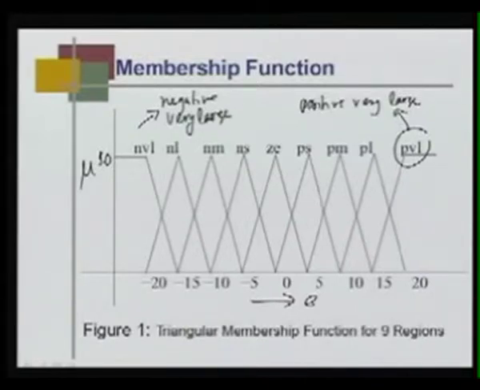These are the linguistic values: negative large, negative medium, negative small, 0, which is around the value 0, positive small, positive medium, positive large, positive very large. In this case the variable E, the error, has been fuzzy partitioned into 9 fuzzy linguistic variables from negative very large to positive very large.